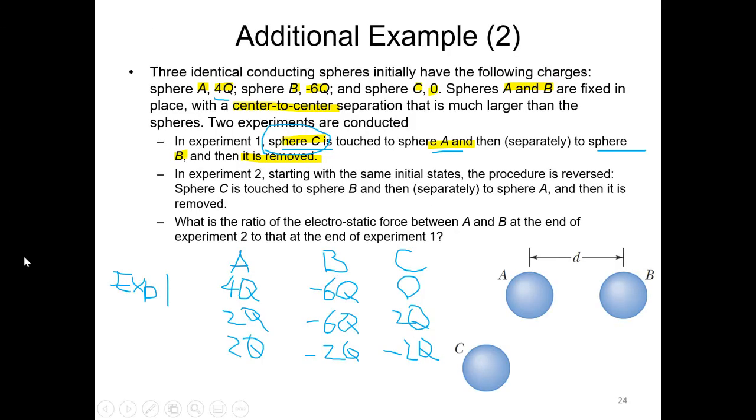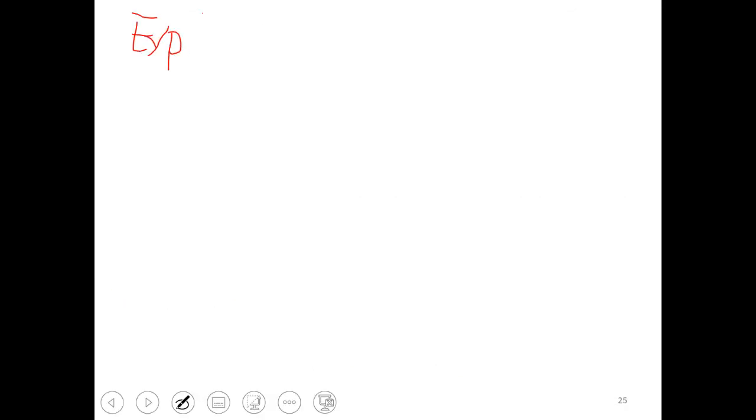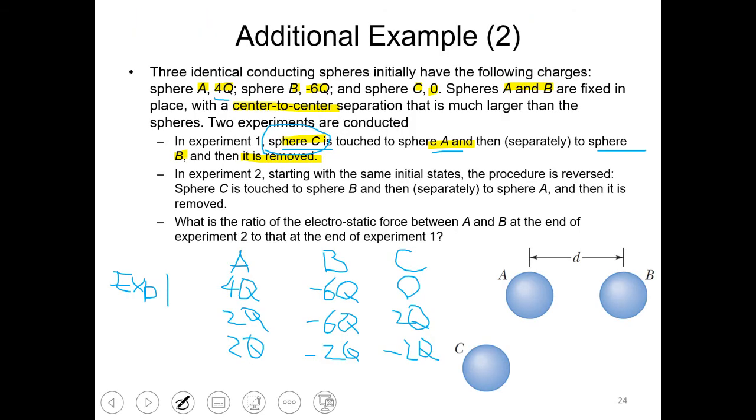For experiment 2, the initial state is still 4Q, minus 6Q, and 0. What we do here is sphere C touches sphere B first, and then separates, and then touches sphere A, and then it is removed.